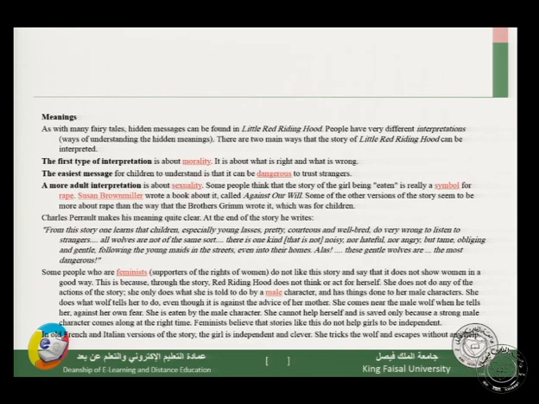Because this story shows this lady, Little Red Riding Hood, as a woman who is weak, dependent, naive, and subject to rape, and who always depends on a male character.